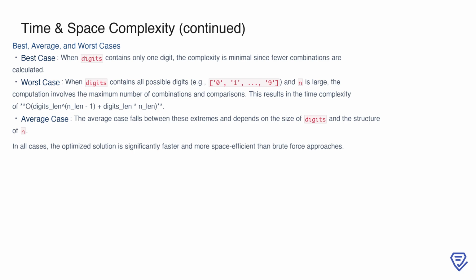In this scenario, the time complexity reaches O(digits_len^(n_len-1) + digits_len * n_len). The average case falls somewhere in between, depending on the size of the digit set and the structure of n. Across all scenarios, the optimized solution is a clear improvement over brute force approaches in terms of both speed and memory efficiency.